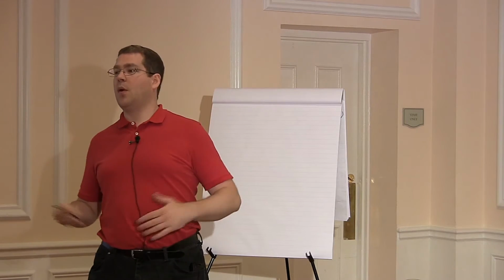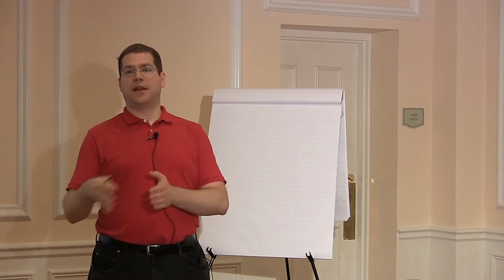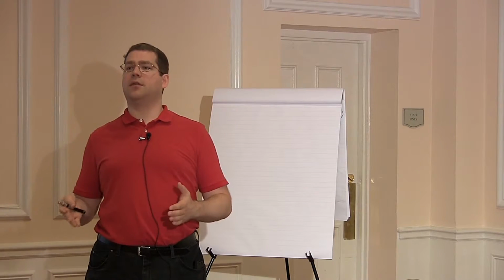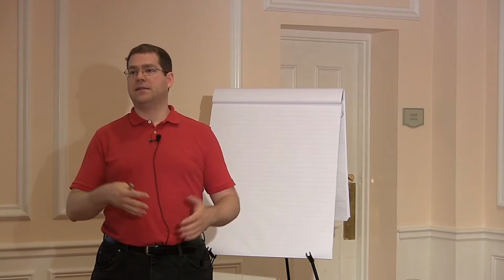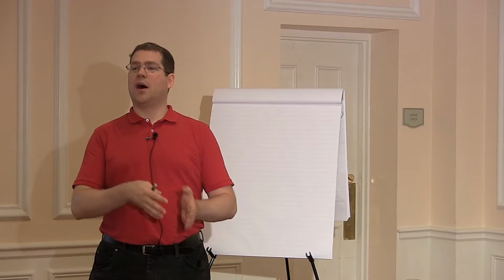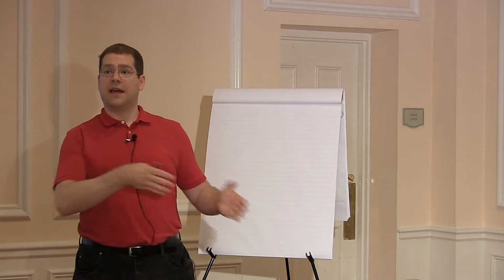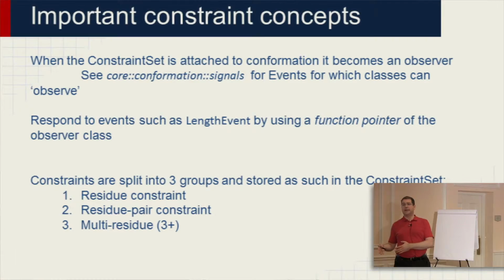So what happens when you add or remove residues from the pose? Well, if you had a constraint that was constraining, say, residue 100, and you added 10 residues at position 50, residue 100 is no longer the same residue as it was previously. That residue is now moved to 110.